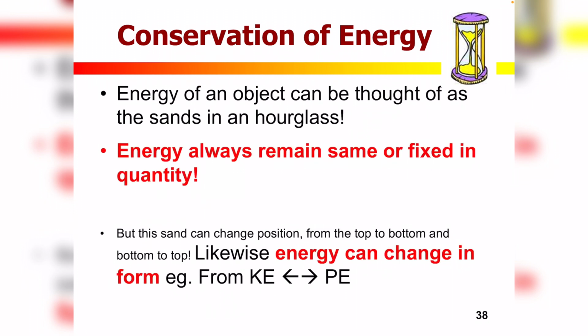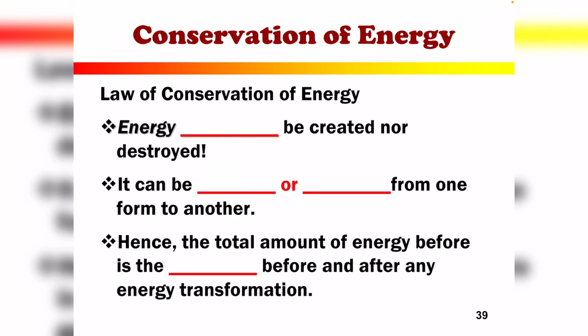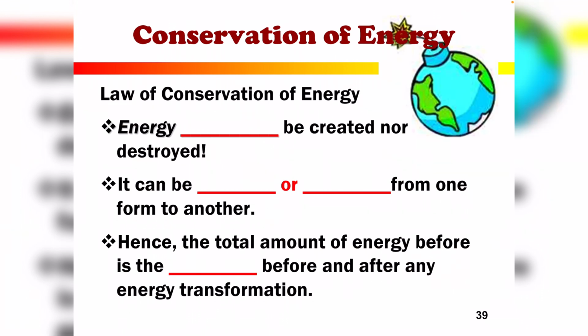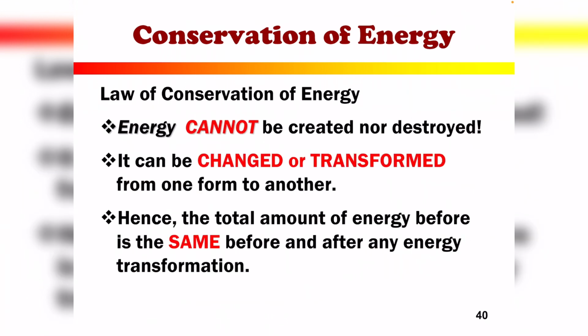Now, can energy be created or destroyed? Energy cannot be created nor destroyed, but it can only be transformed from one form to another. So, the law of conservation of energy states that energy cannot be created nor destroyed, but it can be changed from one form to another.